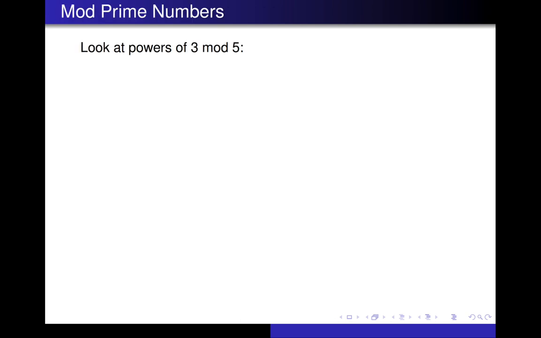So let me do an example looking at powers of 3 mod 5. If I go 3 to the 1 mod 5, that's just going to be 3. If we do 3 to the 2 mod 5, well, 3 to the 2 is 9, and that's 4 more than 5, which means we get 4. If we get 3 to the 3, that is 27. Mod 5, let me see, 27 is 2 away from 25, so that gives us 2.